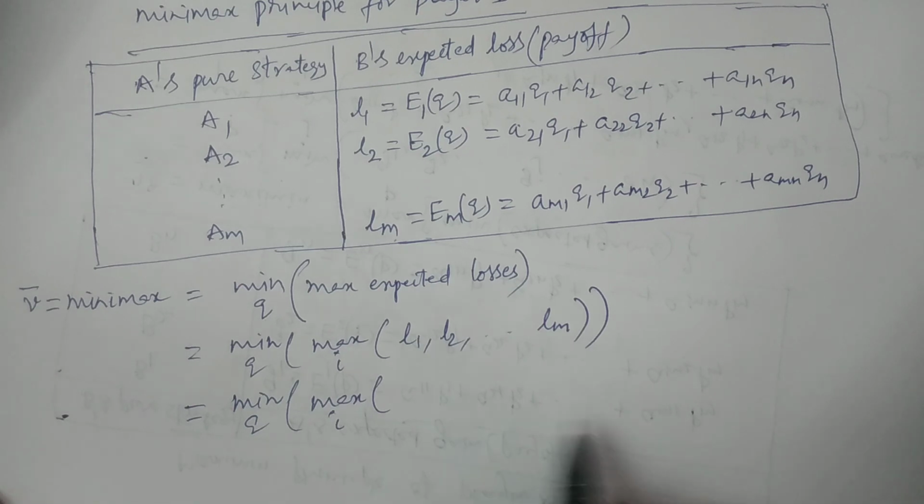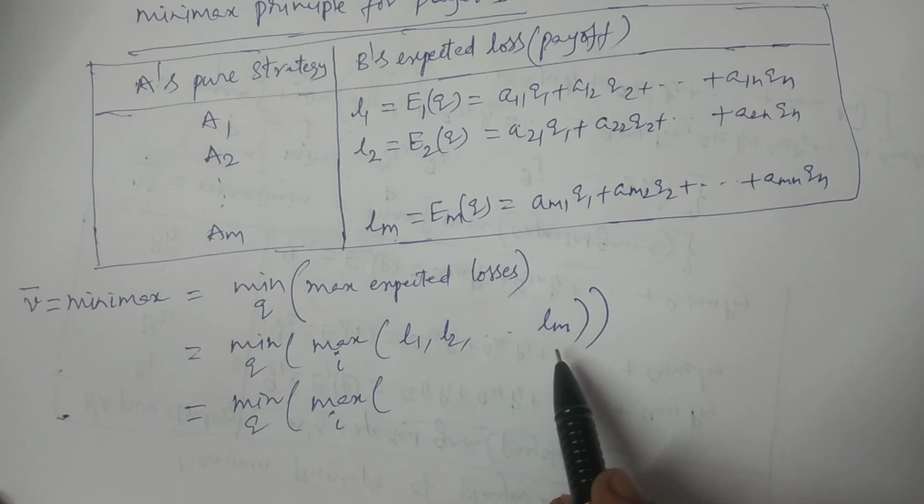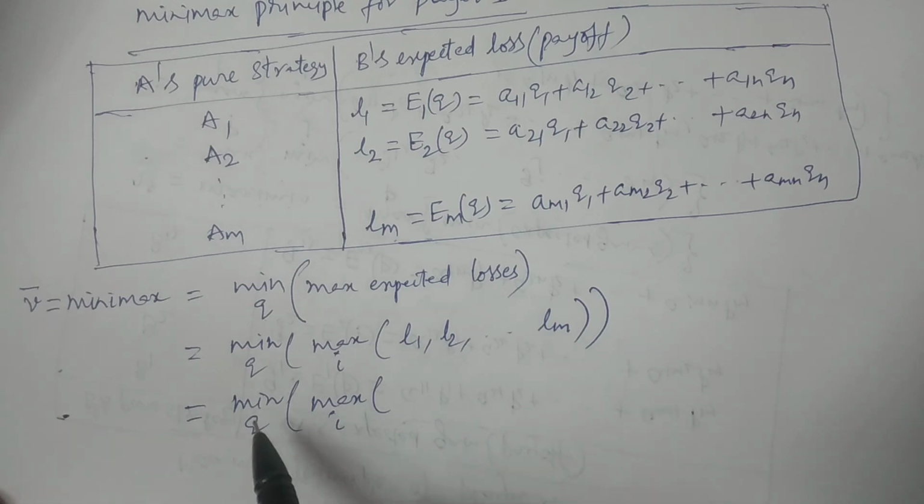You choose one value which gives the minimum, though not one that is minimum at all values L1, L2 and so on up to Lm. One particular value will give the minimum.